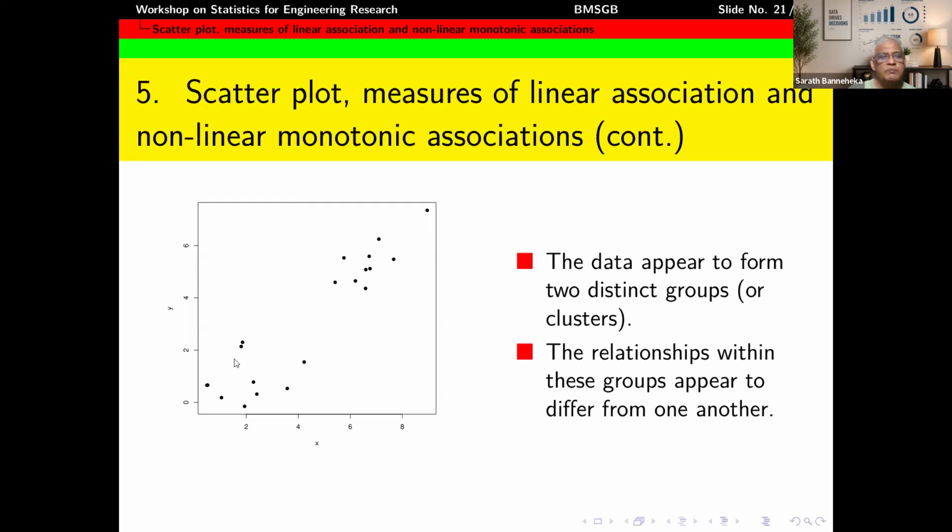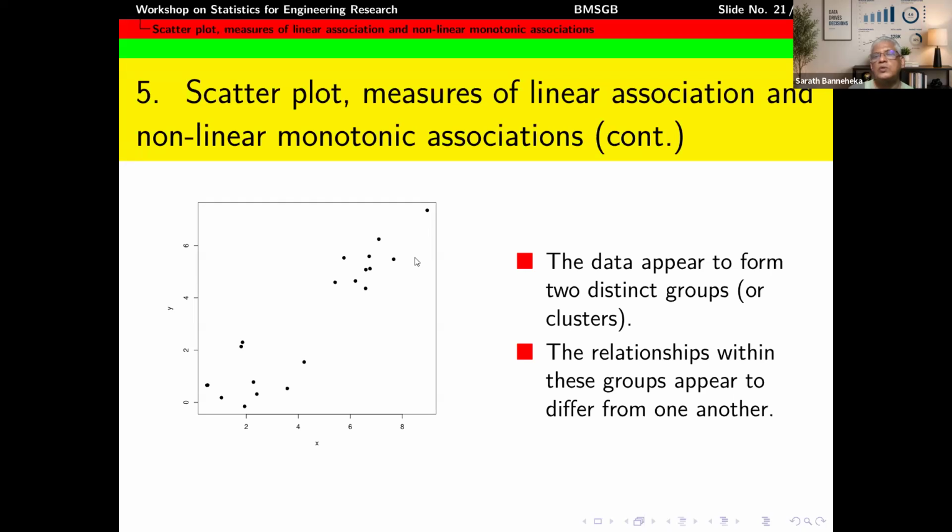In this group, the correlation between X and Y may be weak, or almost no relationship. But for the other, there is some kind of moderate or strong relationship, and you can consider it as a positive linear relationship also.